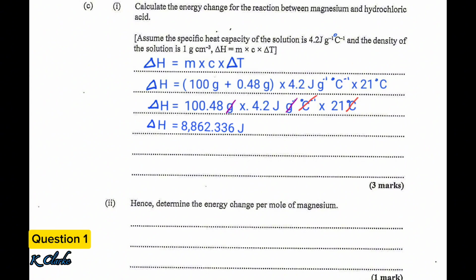Part 2. Hence, determine the energy change per mole of magnesium. 0.02 moles of magnesium is 8,862.336 joules. 1 mole of magnesium equals X. First, we're going to cross multiply.